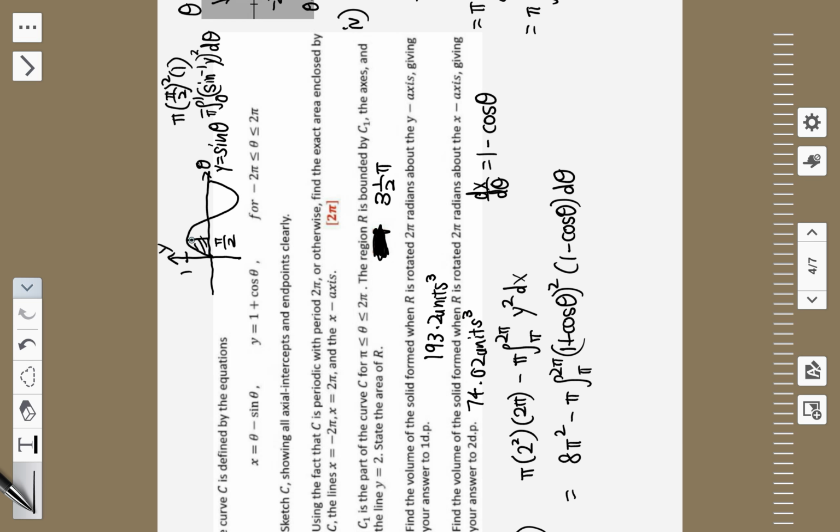but the solid generated, wow, yep, that's quite tough to say.